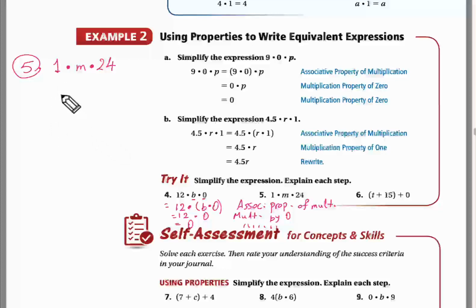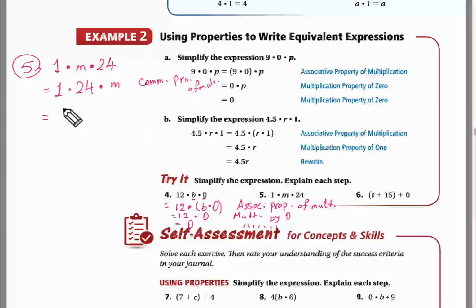We multiply 24 by 1. Okay, so you need to change the order? Yeah. Okay, if you change the order, so this is 1 multiply 24. What is the name of this property? It's the commutative property of multiplication.